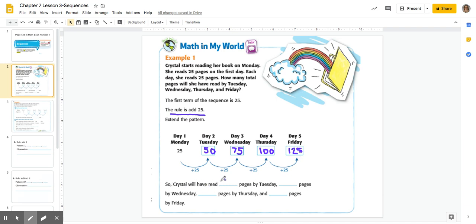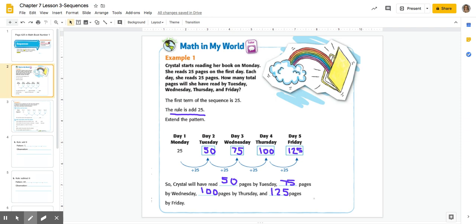So Crystal will have read 50 pages by Tuesday, 75 pages by Wednesday, 100 pages by Thursday, and 125 pages by Friday.